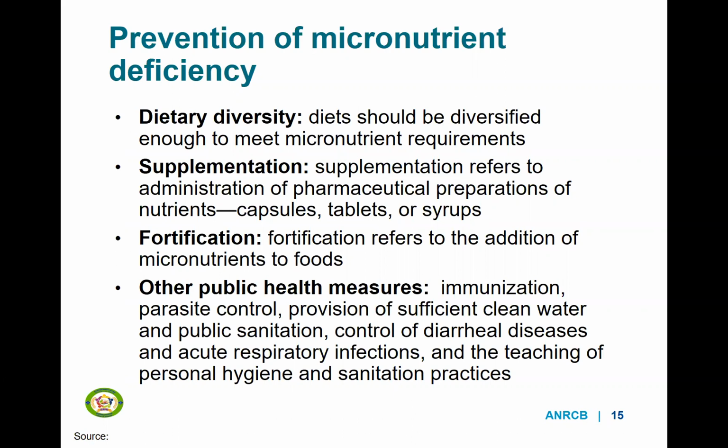So having immunization, dealing with parasites such as malaria or intestinal worms, making sure people have clean water so that they stay healthy, that they don't have infection, especially diarrhea, that will affect our ability to remain healthy and to absorb all the nutrients that are consumed. And that can help prevent deficiencies as well.